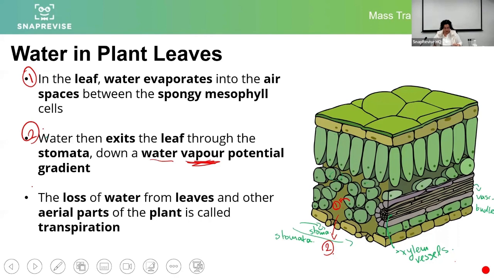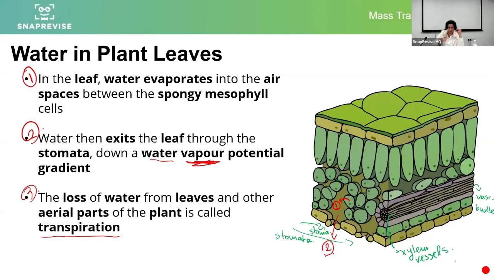Finally, the loss of water from leaves and other aerial parts of the plant is called transpiration. So the combination of all of these things we've just described, evaporation and then diffusion of water vapor out of the leaf, both those events together are called transpiration.